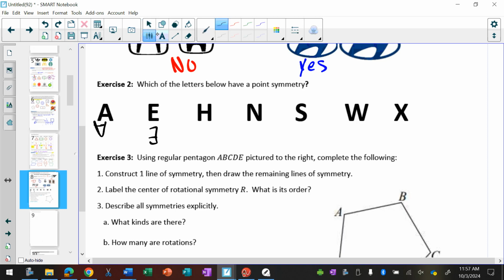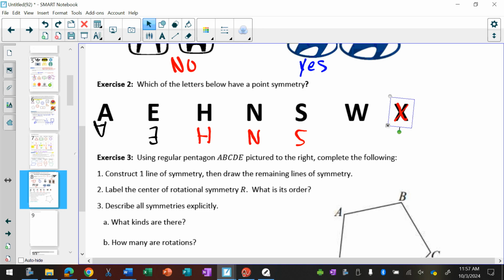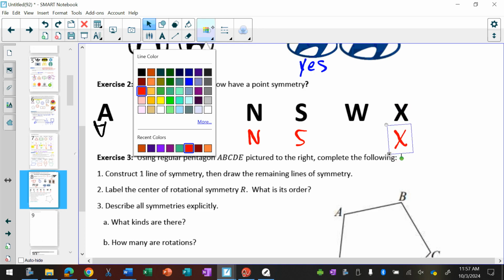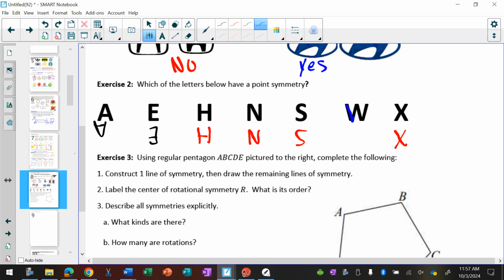With the letter H, I'll take the letter H, spin it upside down, still looks like an H. Same thing will happen with the letter N and the letter S and the letter X. Here's the letter N, upside down, still an N. Letter S, upside down, still an S. The letter X, upside down, still an X. But the W, when turned upside down, you can probably imagine this, or already knew this, changes letters to an M.